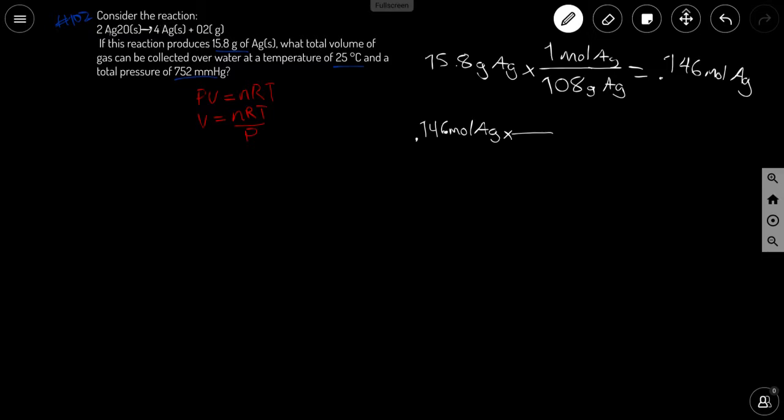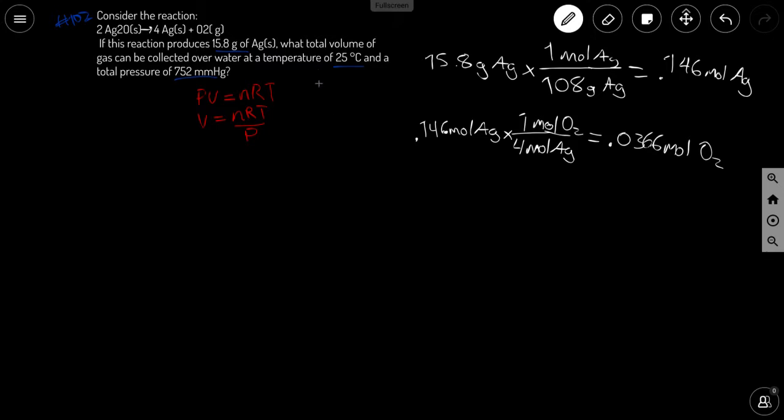Looking at the equation, I see 4 moles of silver and then just 1 mole of oxygen gas. Giving me 0.0366 moles oxygen gas. So we found n.